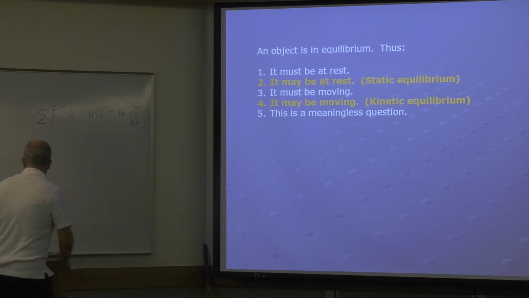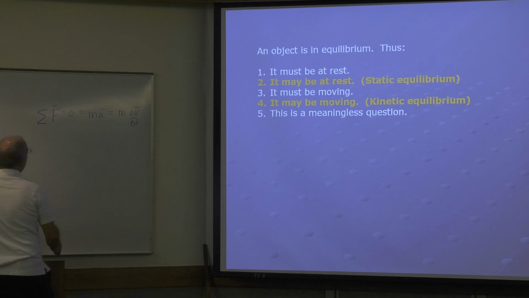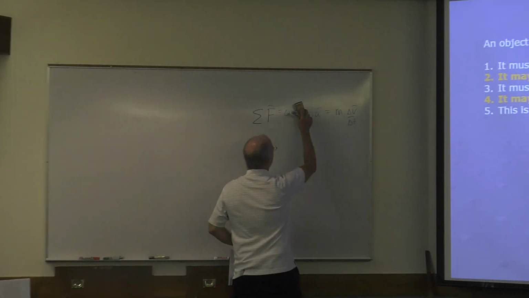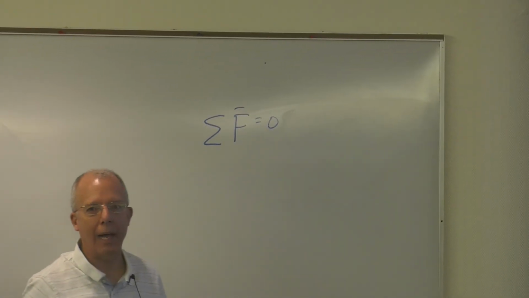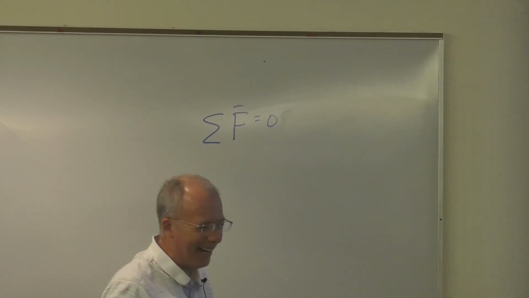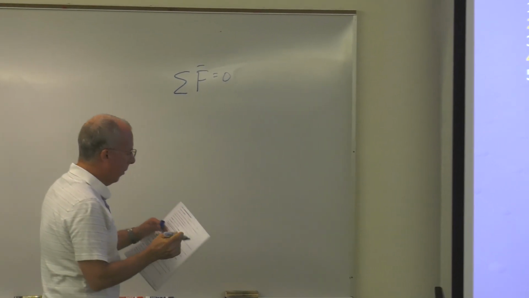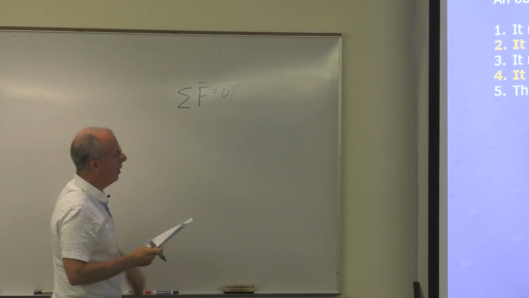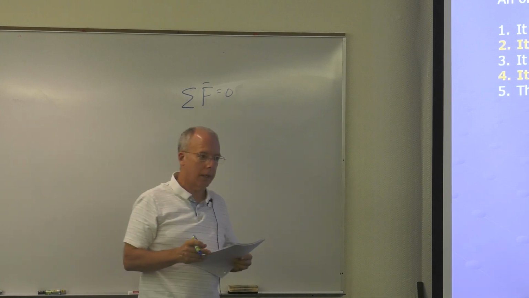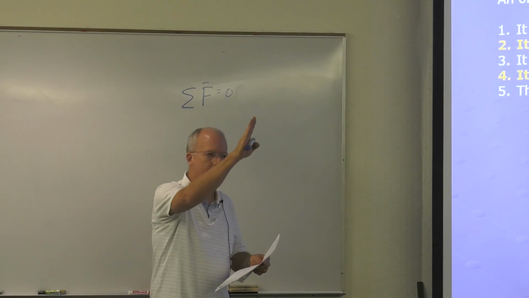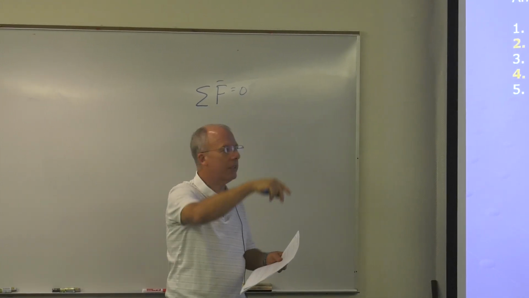How do you do that? Well, that's how you do it, right? But there's more to it. All right, so equilibrium means the sum of the forces equals 0, but this is a vector. So just like we learned when we had vectors that were not along the x or y axis, what did we do?